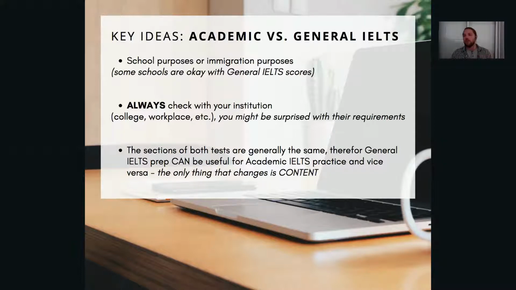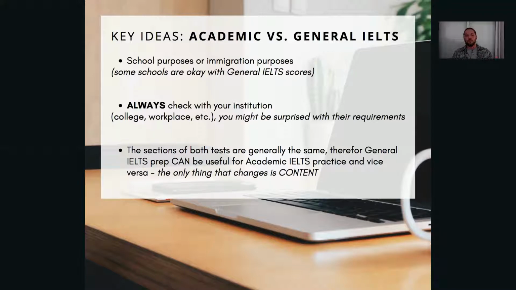So we need to call or email our school or our workplace, our institution. We need to be very specific with what test we need and what score. We don't want to spend the money more than once on the test. You might be surprised by the requirements of the job or the school that you want to go to. So definitely communicate with them.